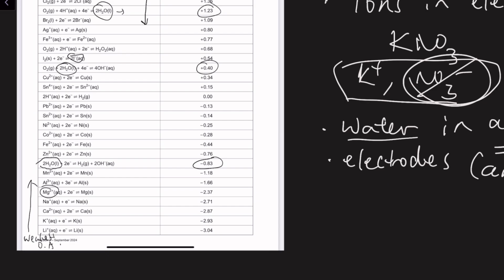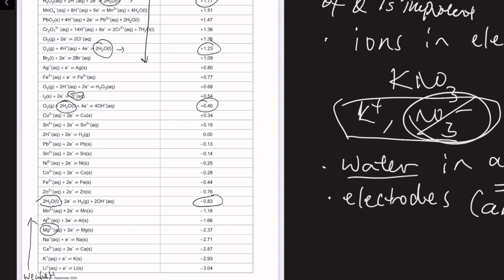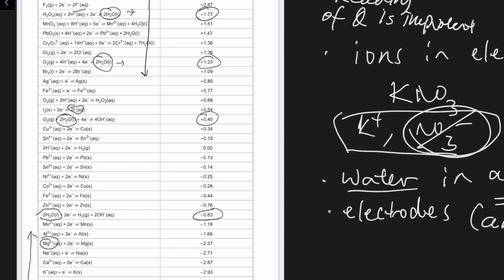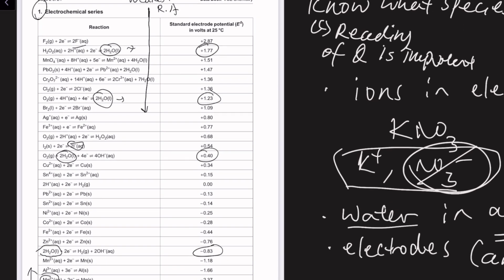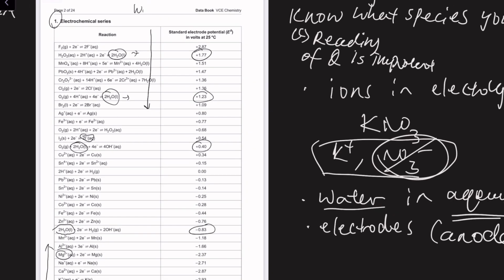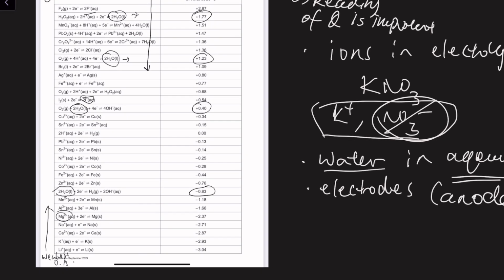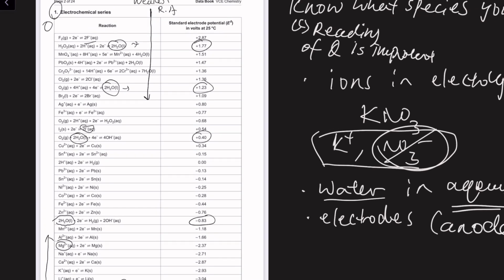So this is very important. Remember that in the galvanic cell example, we are looking from the top left to the bottom right. So why don't we do this for the electrolytic cell or the electrolysis reaction?